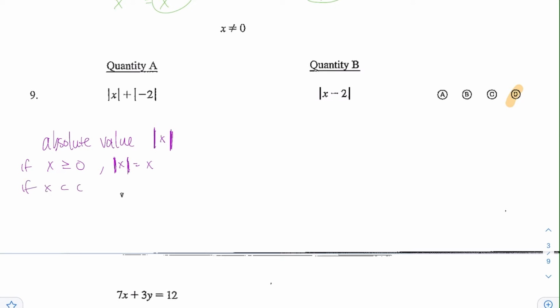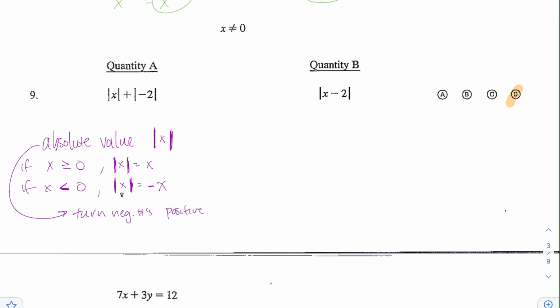But if x is negative, then the absolute value of x will be equal to the negative of x. You have to negate that negative number to make it positive. So absolute values will turn negative numbers positive.